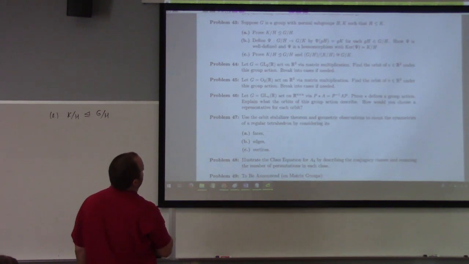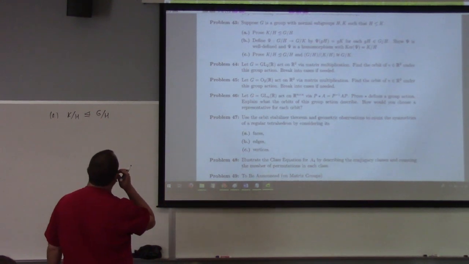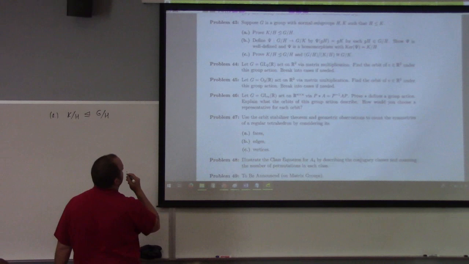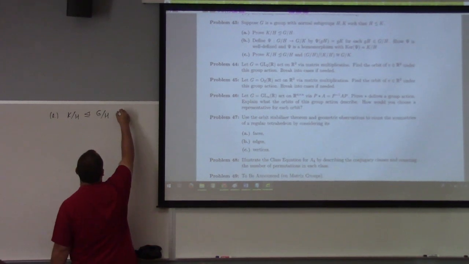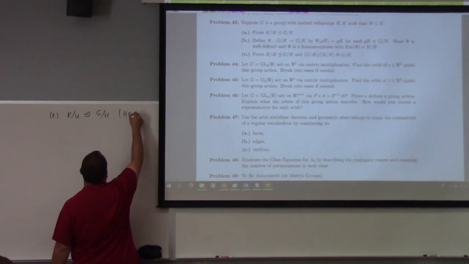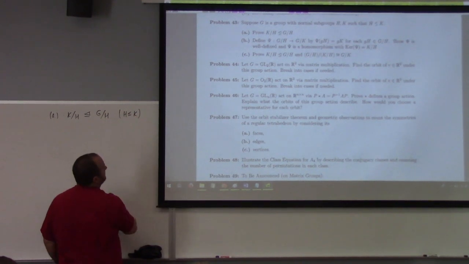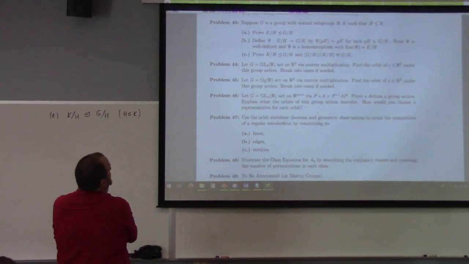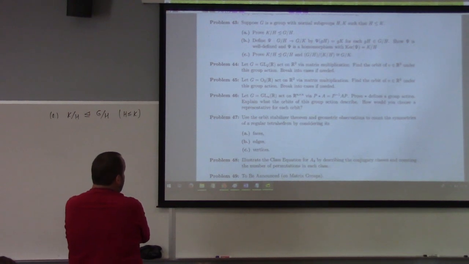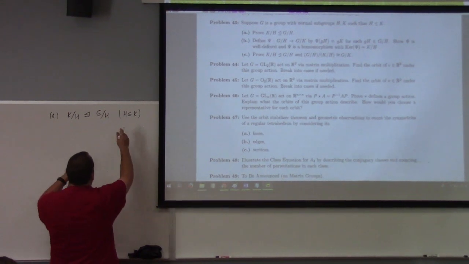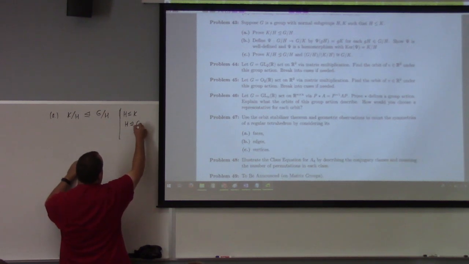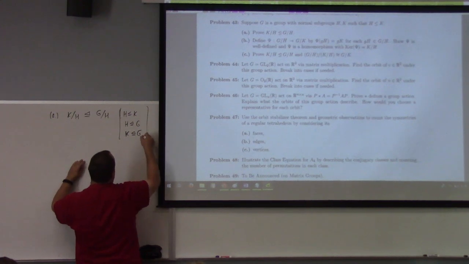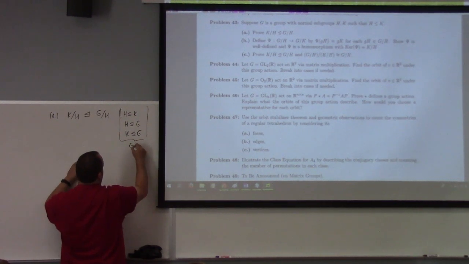Right, and what else do we know? We know that H is a subgroup of K. That's given, right? What else do we know? Oh, H and K are normal in G, right? So we know that H is a normal subgroup of G. We know that K is a normal subgroup of G. These things are given.